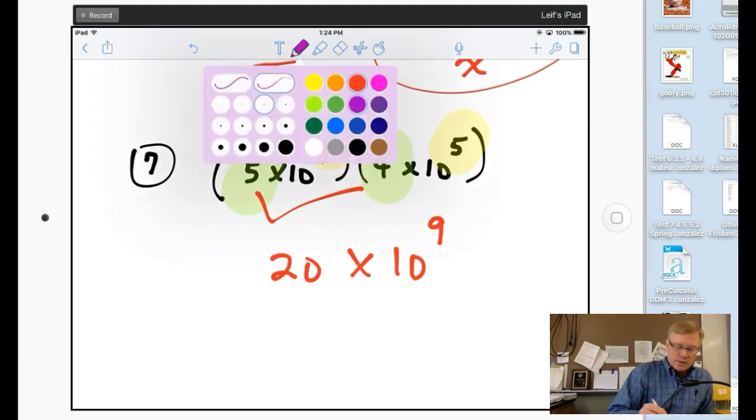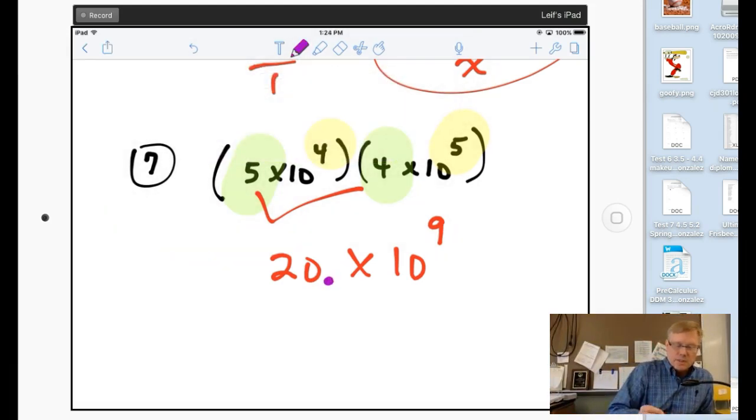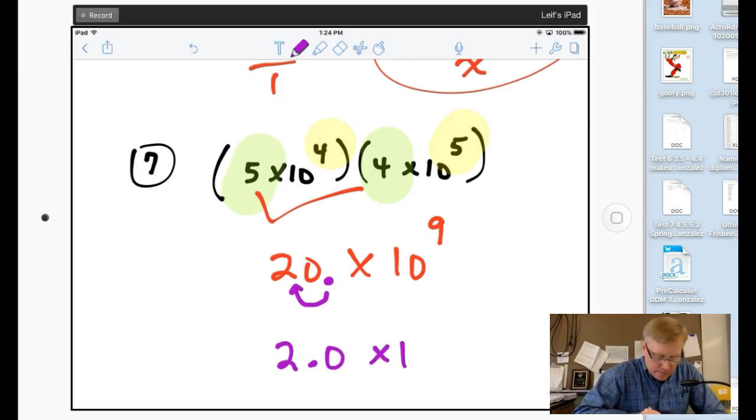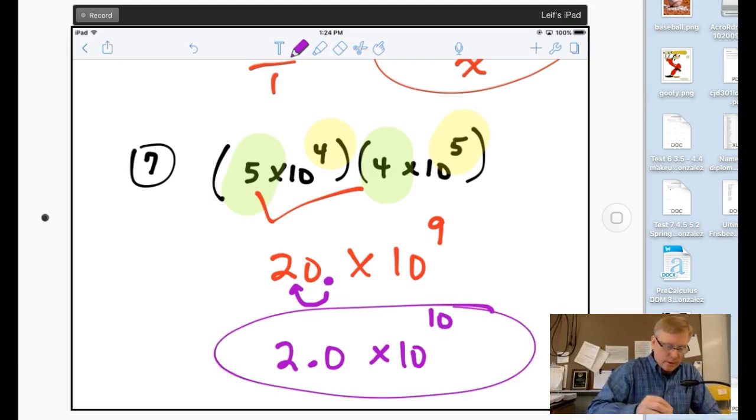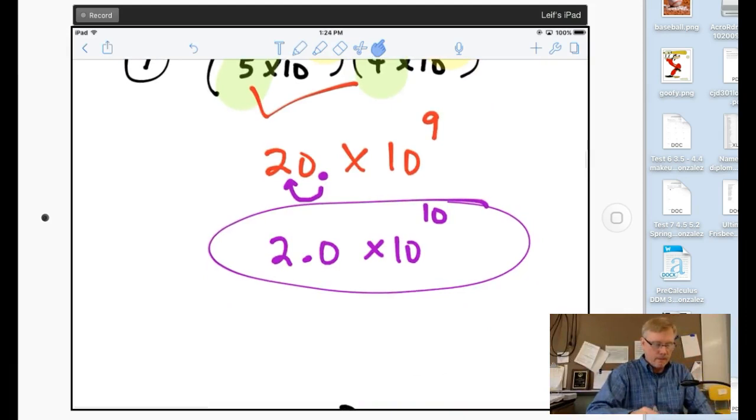In order for it to be in correct scientific notation, the decimal point needs to get moved. Okay, so that front number should be between 1 and 10, and not 10. It should be a single digit number, which means if I move it 1 to the left, I will get a number between 1 and 10. When you move the decimal to the left, you add to the exponent on the 10, which will give me 10 to the 10th, and that's your answer.